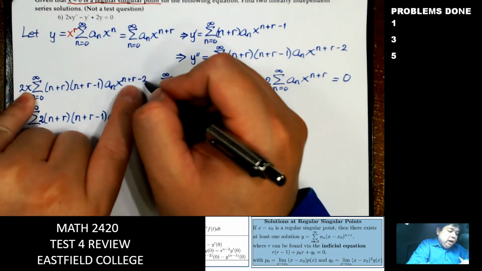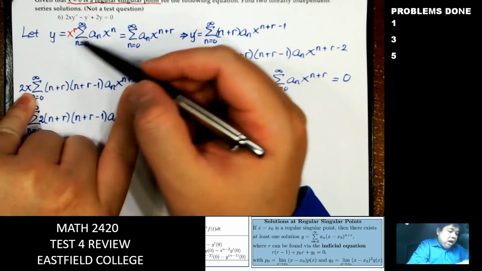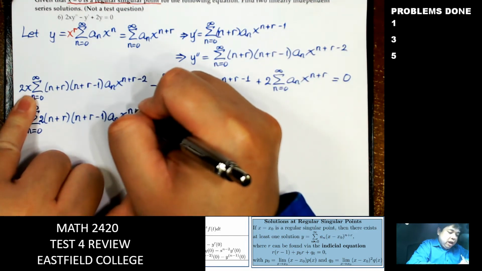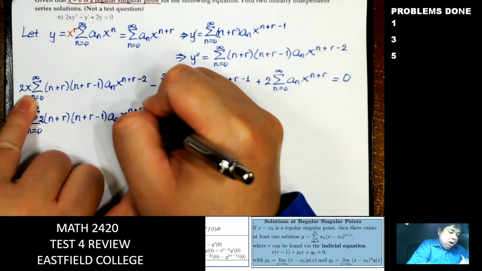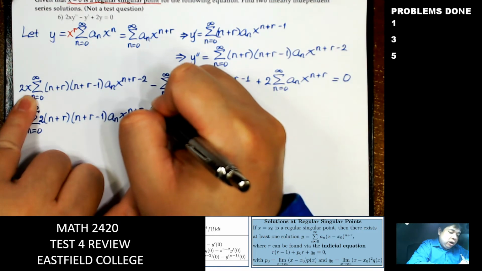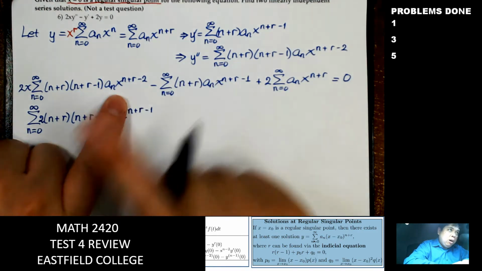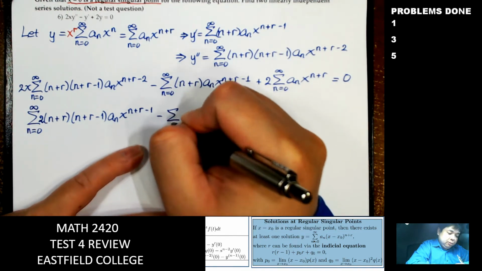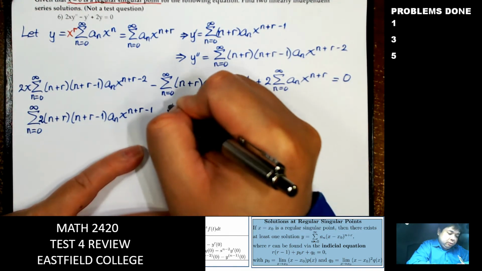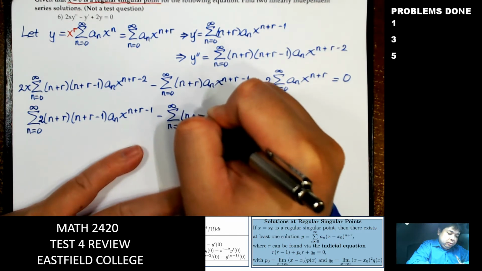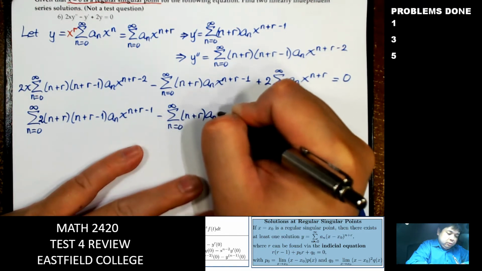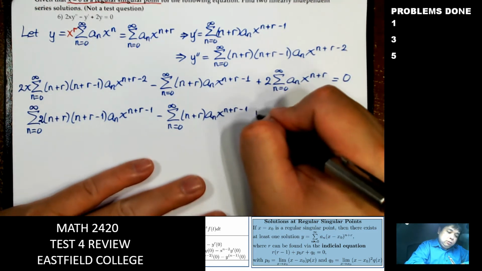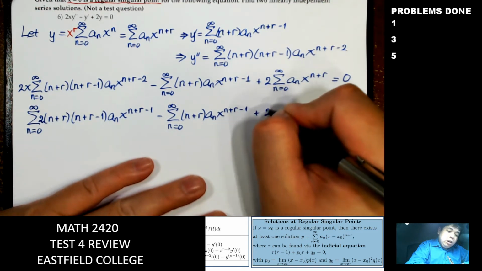With that, we add the power, so we have plus 1 minus 2, so we have x to the n plus r minus 1. We have to pump the power up by 1 because of the x.